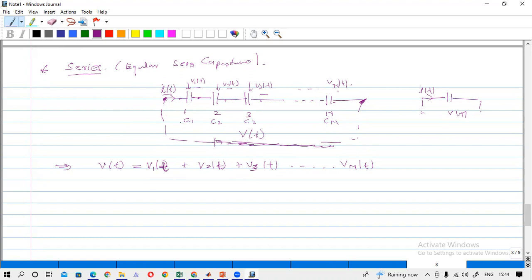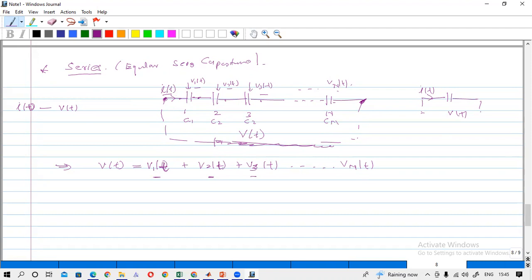It is just like we are given I and we need to find Vt, no? Because Vt is equal to V1t plus V2t plus V3t like this. So we have to find V1, V2, V3, and I is constant. That means we can say that I is given. It is not actually given, but we can assume like this.